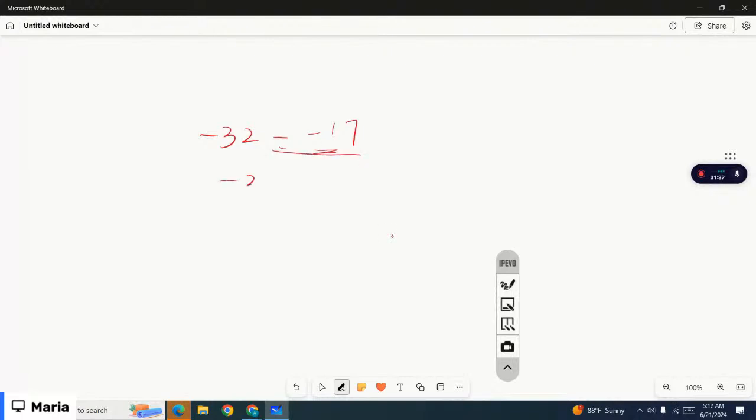Subtracting a negative number is the same as adding. Still, 32 is greater, right? So you have to put the sign of the greater number. That would be negative. You have to subtract them and the answer must have a negative sign. 32 minus 17 is 15. You don't have to actually solve them. You just have to see if the answer is positive or negative, right? So that would be negative.